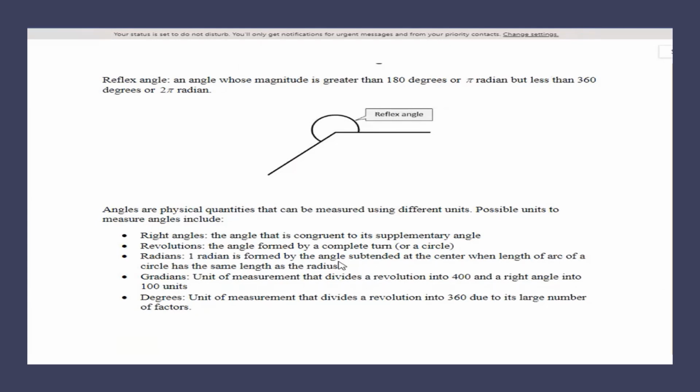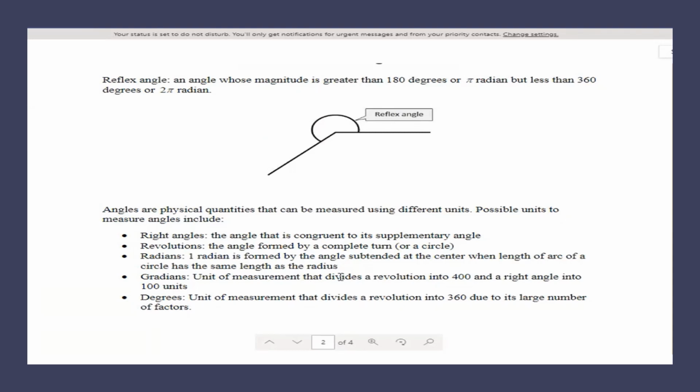So the arc, the curve, and the radius, that ratio of one to the other will provide the radians, all right? So we say the angle is equal to, I believe it's L over R, if I recall correctly, all right? Then there is a gradient.